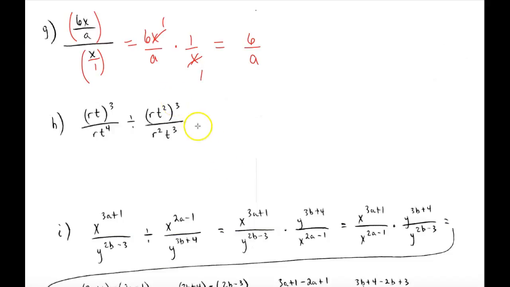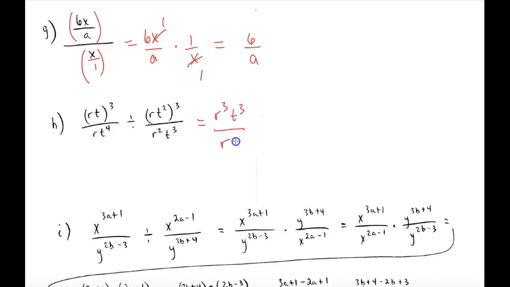In the next example, we need to apply our exponential rules first before we actually start trying to do the complex division here. So for our first rational expression in the numerator, we know that RT quantity cubed is just R cubed T cubed, okay?